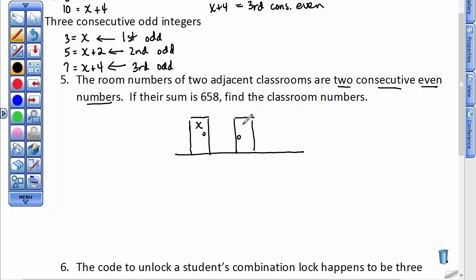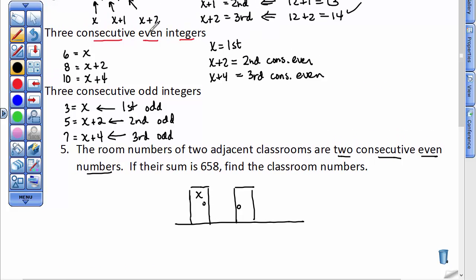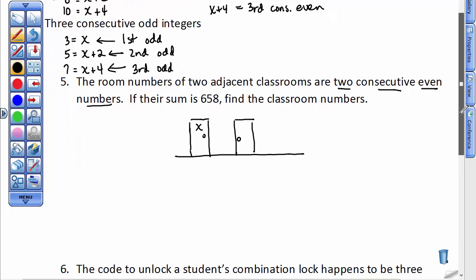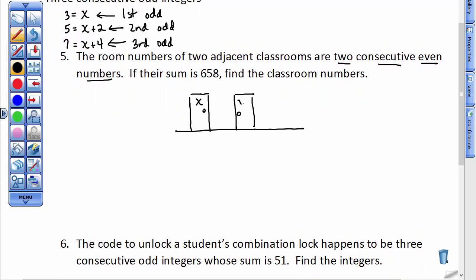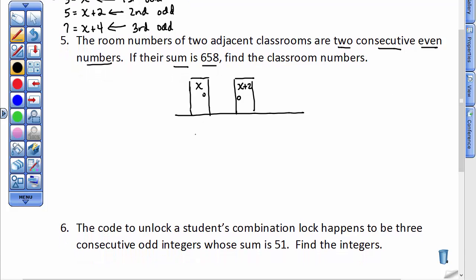Well then, if they're consecutive even integers, if the first one is x, then the next one would be 2 more than that, x plus 2. So this door would have on it x plus 2. And it says that the sum of those two classroom doors is 658. So we take x plus the x plus 2, and we'd set it equal to the 658.